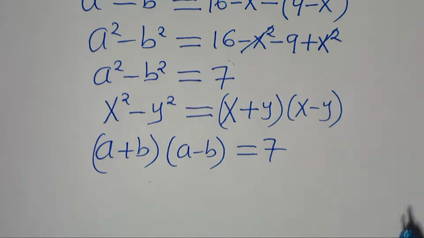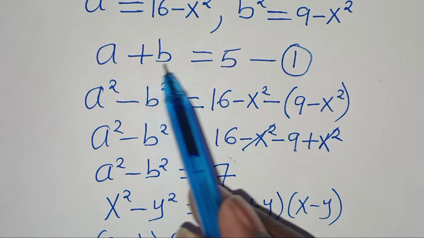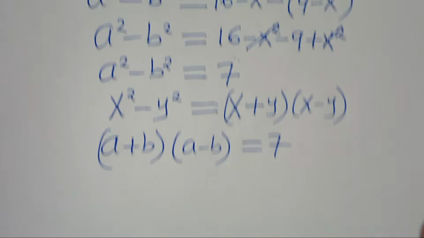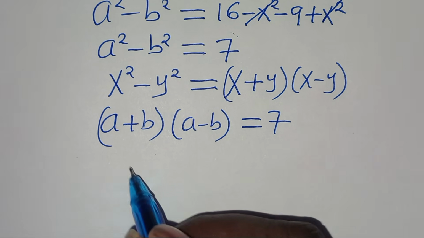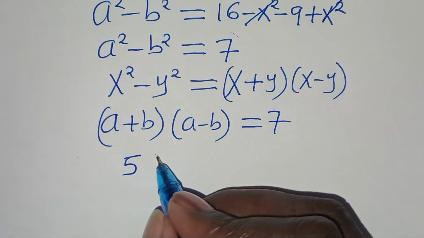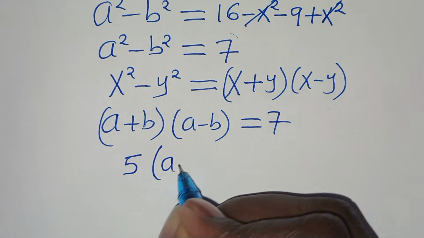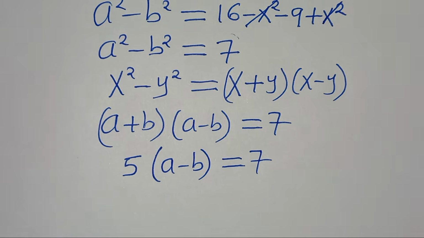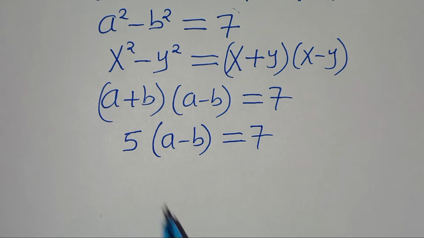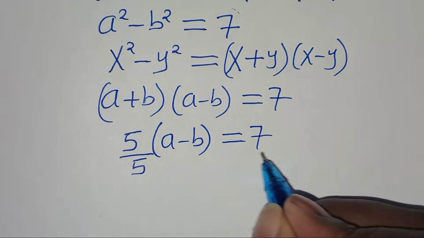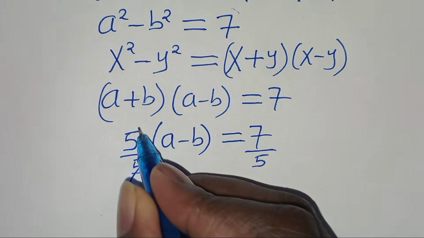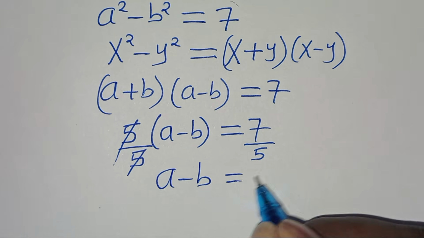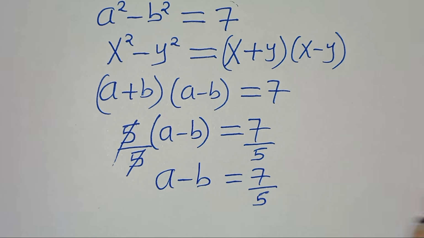Now, a plus b from the first equation is equal to 5, so let's substitute a plus b with 5. This means we have 5 multiplied by a minus b equal to 7. Let's divide both sides by 5, and this implies that a minus b is equal to 7 over 5.